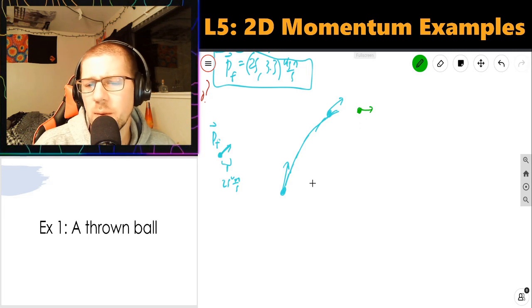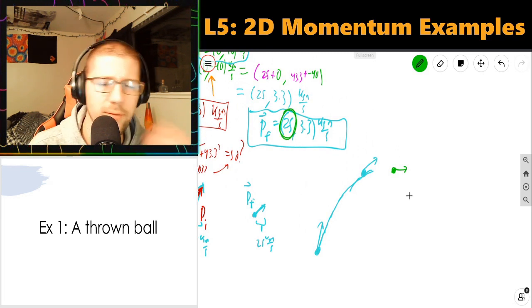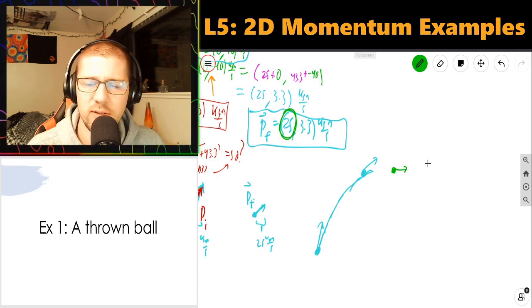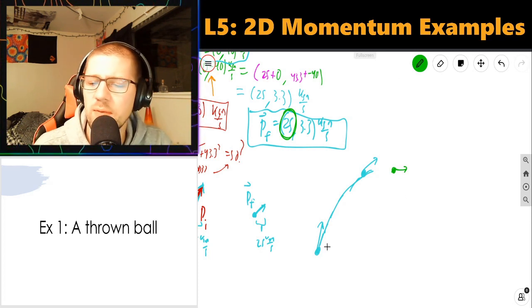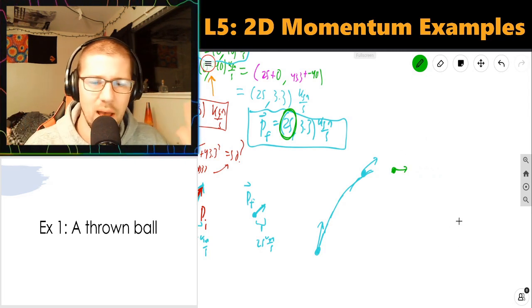So the momentum for this ball as it arcs through the air will never be less than 25. It can't get rid of that x component by gravity alone. It needs friction or some kind of force that acts not only in the vertical direction. So the momentum of this ball is never 0, at least not until it hits the ground and comes to a stop.